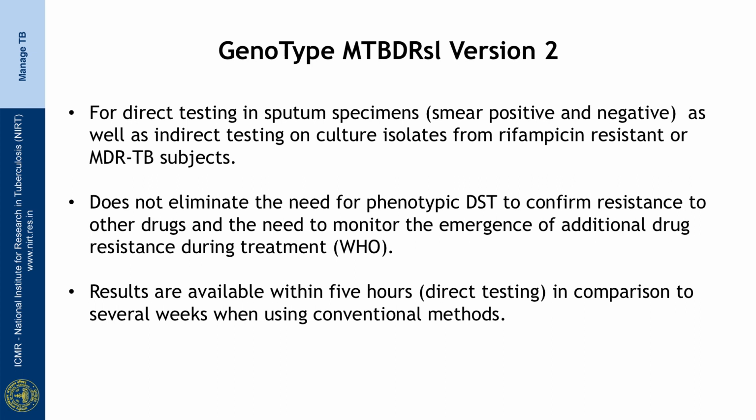However, the results obtained from LPA do not eliminate the need for performing further phenotypic DST to confirm resistance to other drugs, and also the need to monitor the emergence of additional drug resistance during treatment as recommended by WHO. The results from the second line LPA are available within 5 hours in case of direct testing, which has a very rapid turnaround time in comparison to several weeks when we are using a conventional method.